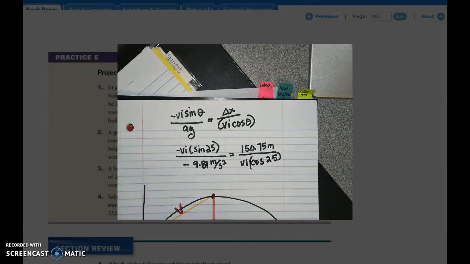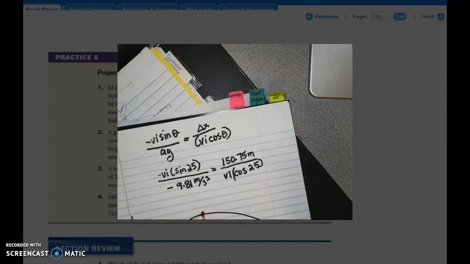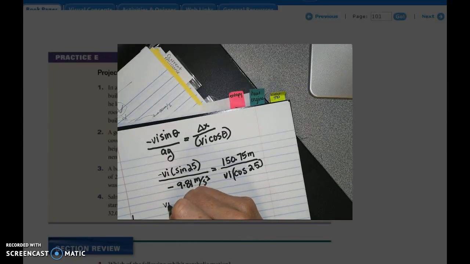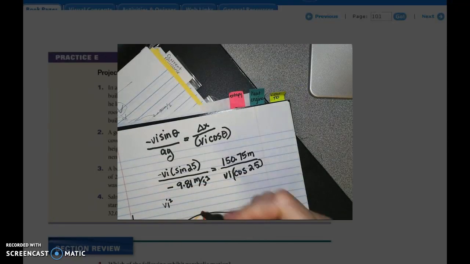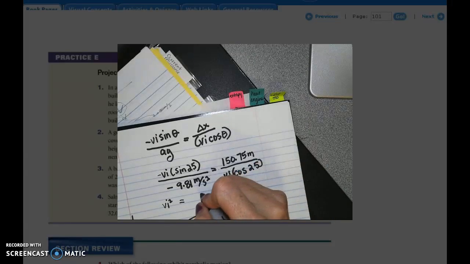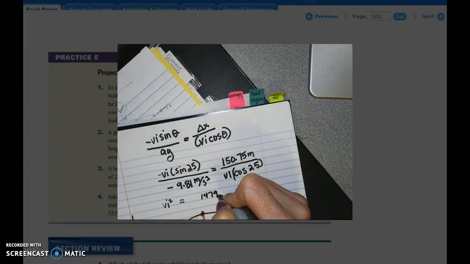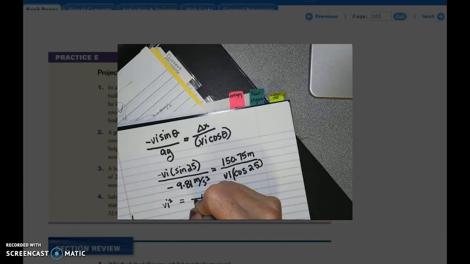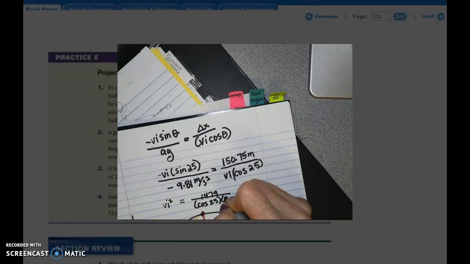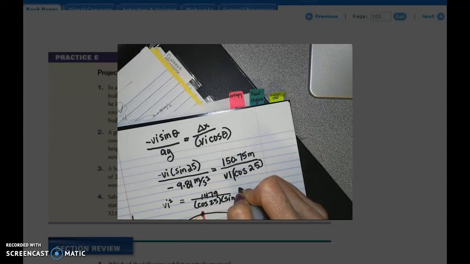Okay? Now if you cross multiply here and do a bunch of rearranging, you'll end up eventually with v sub i squared equals, well, we end up with 1,479 divided by cosine 25 sine 25.